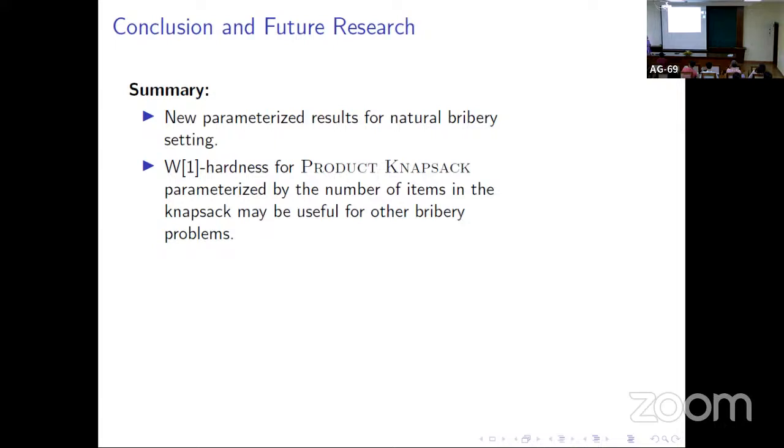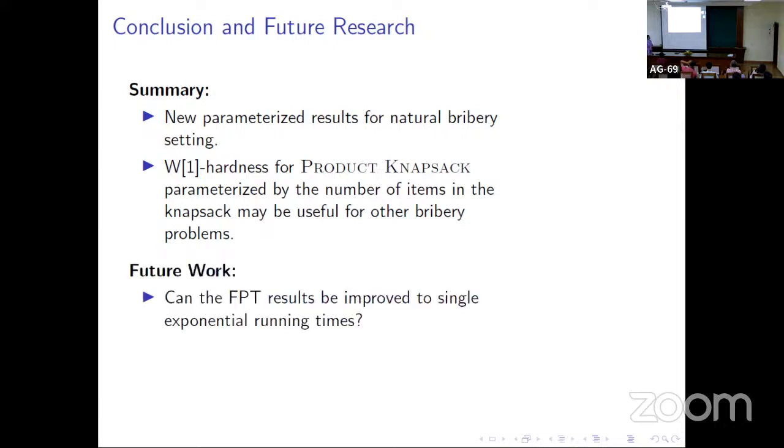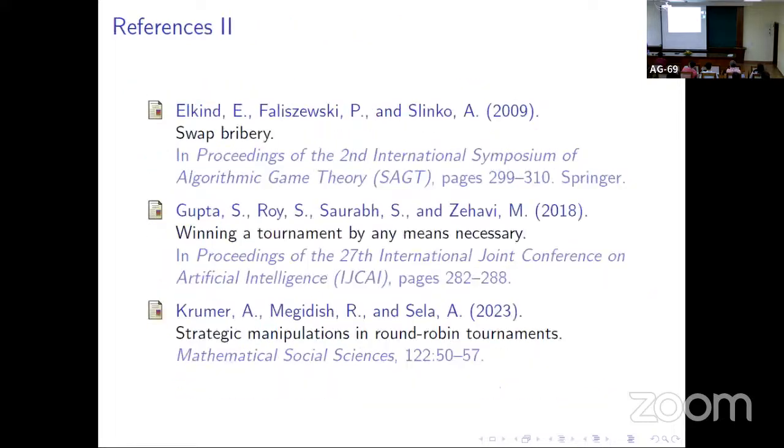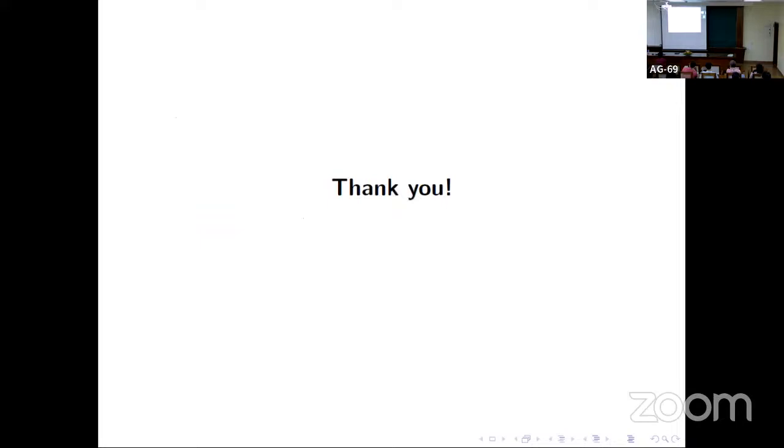In the future, we can ask whether FPT results can be improved to single exponential running times, and how to generalize these results for other tournament models, because we have some results for knockout tournaments as well. For the other tournaments I mentioned in the initial slides, can we extend the results there? This is the link to the paper if you want to read, and these are some of the references. Thank you.